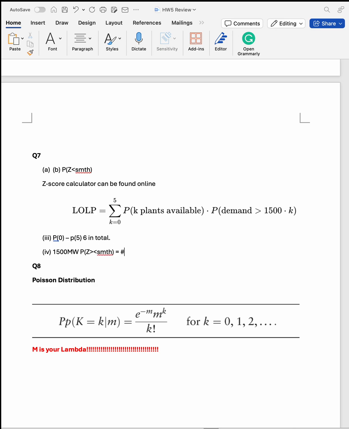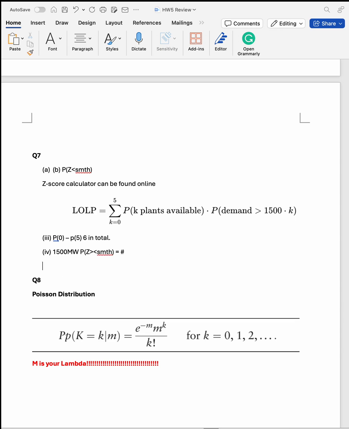Then you will do it for 1500, 3000, 4500, 6000, and 7500. So 1, 2, 3, 4, 5 is going to be 5 in total.